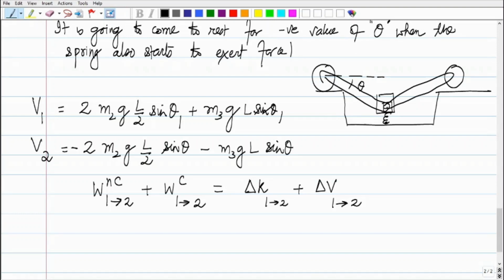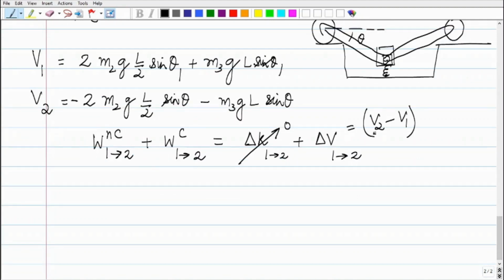Okay, now this is 0. The delta V in going from 1 to 2 is simply V2 minus V1, right? And you see this potential here does not contain the potential of a spring.